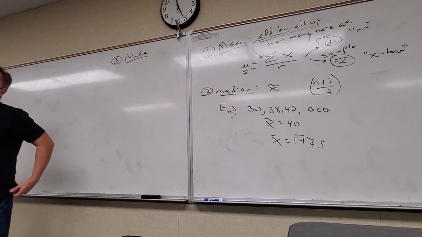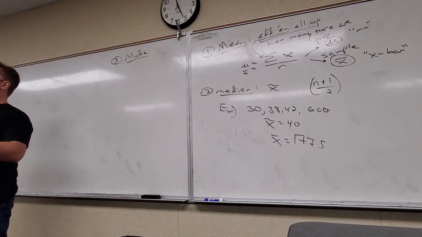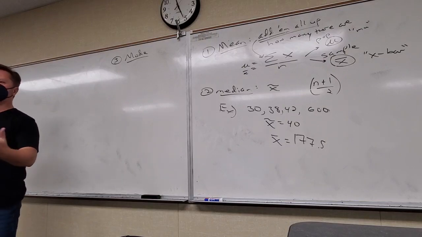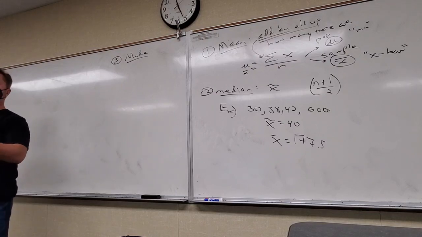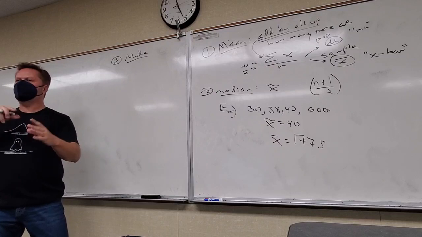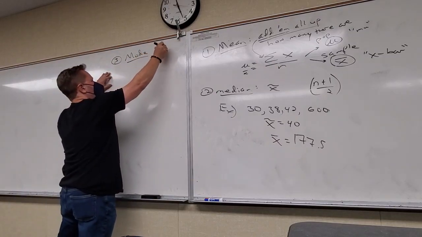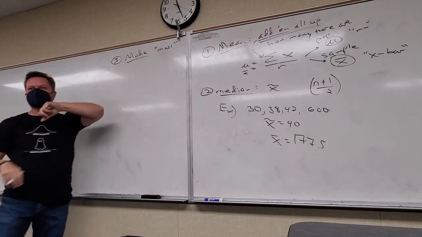Mode. This is not the way I remember it, but has anybody heard of pie a la mode? What does pie a la mode mean? Pie with ice cream. When I get pie a la mode, I want the one with the most ice cream. So mode means most. It's just the thing that occurs the most.